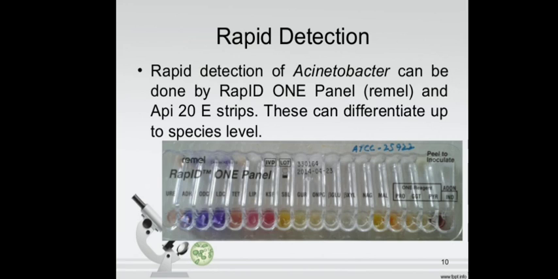These can be used to check the presence of Acinetobacter at the specific level. In the diagram you can see the panels which are used for the estimation or detection of Acinetobacter.